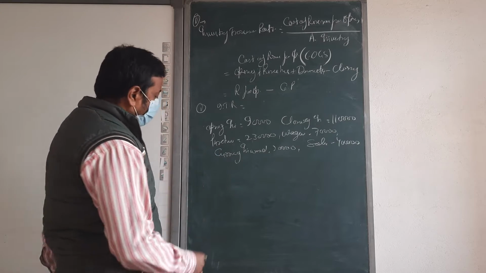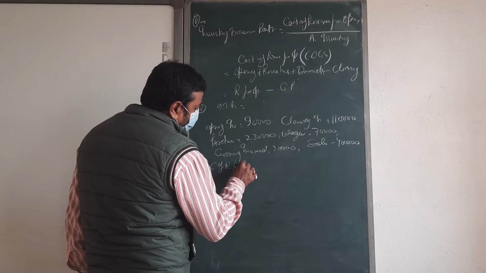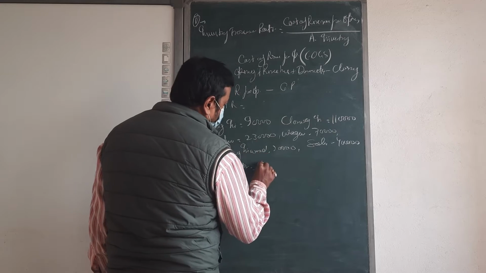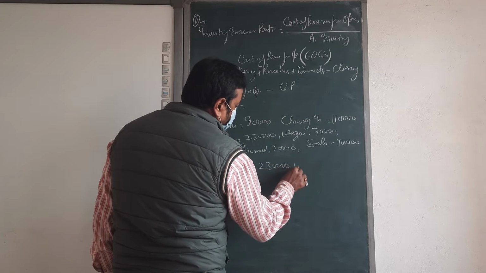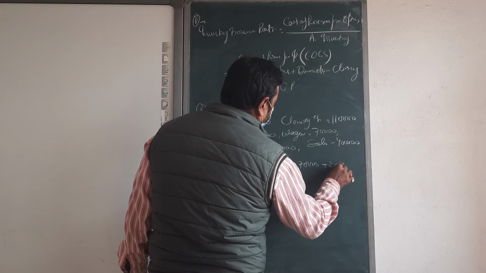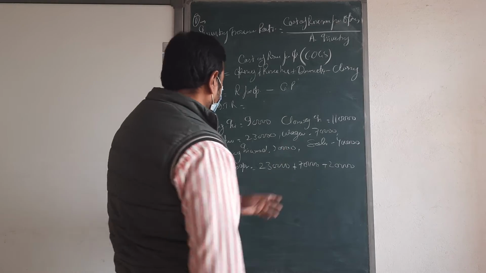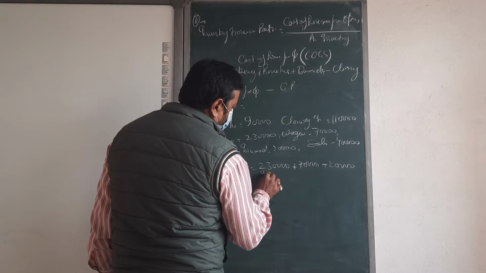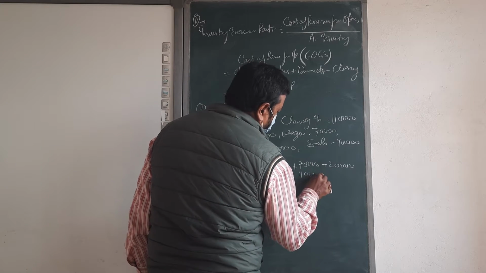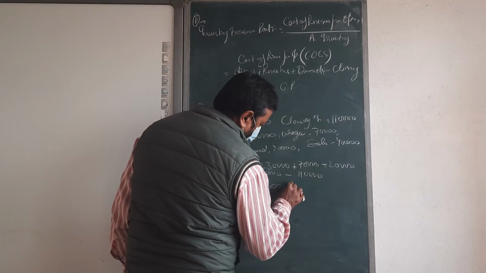Cost of revenue from operation is equal to purchase 2.3 lakh plus wages 70 plus carriage 20. Add all these, plus opening 90 and less closing 1 lakh. What amount is coming? 3 lakh.